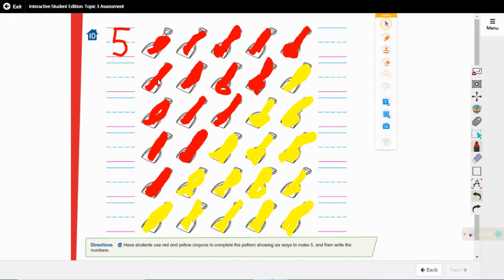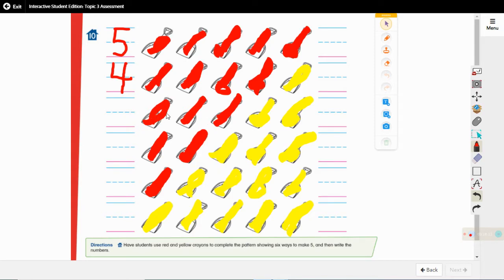Next, we're going to count our red shovels down here. 1, 2, 3, 4. Write your number 4 out here. Short line down, short line across, big line from the ceiling to the floor. That is how we make a 4.